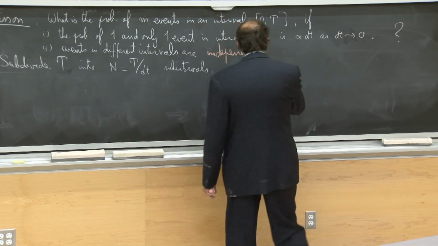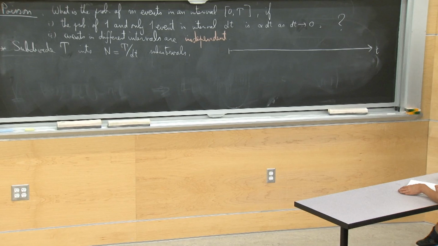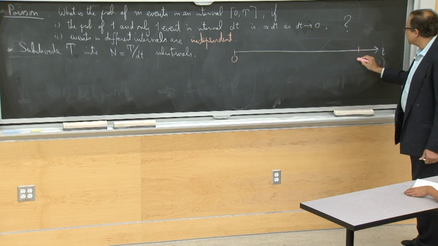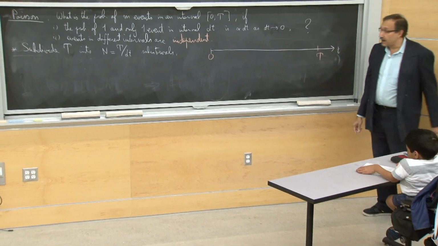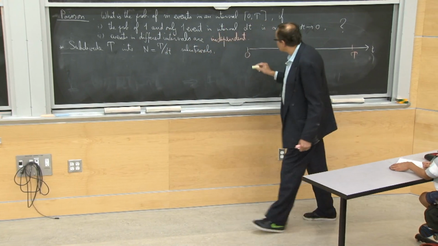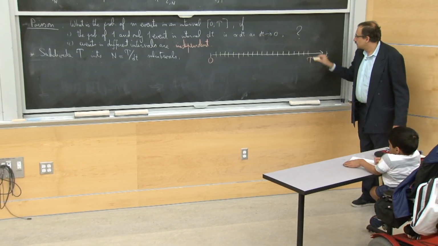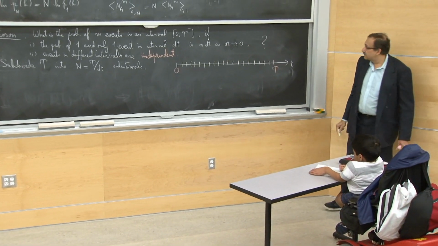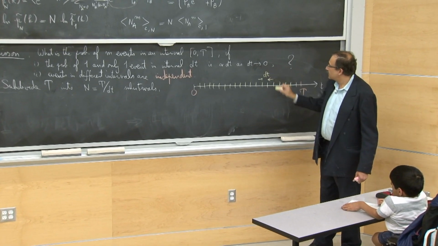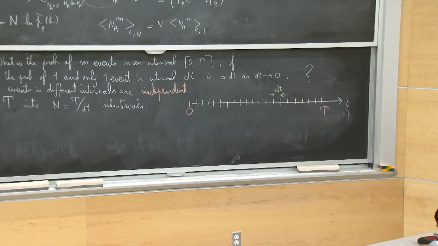So basically, originally, let's say, on the time axis, we were covering a distance that went from 0 to big T, and we were asking what happens here. So what we are doing now is dividing this interval into lots of subintervals, the size of each one of them being dt, and therefore the total number is big T over dt.